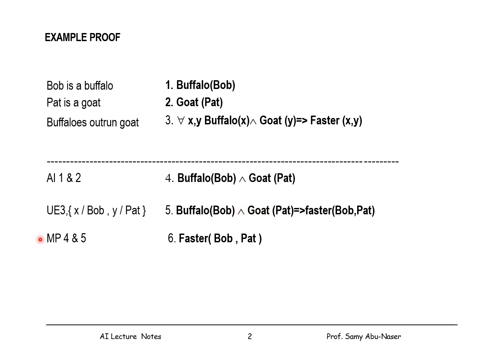Now we can use modus ponens between sentence 4 and 5. Modus ponens says if Bob is a buffalo and Bat is a goat, then Bob is faster than Bat. And we know Bob is a buffalo and Bat is a goat. That's the condition. Then we conclude Faster(Bob, Bat): Bob is faster than Bat.